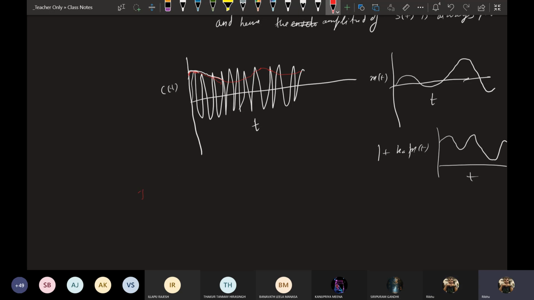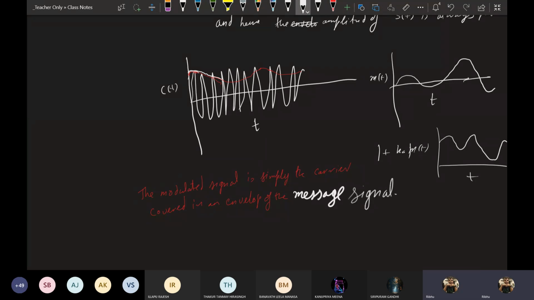So the modulated signal is simply the carrier covered in an envelope of the message signal. Fine.